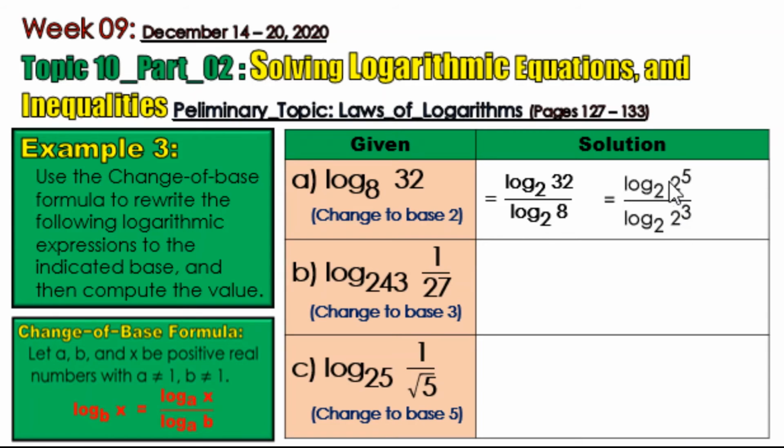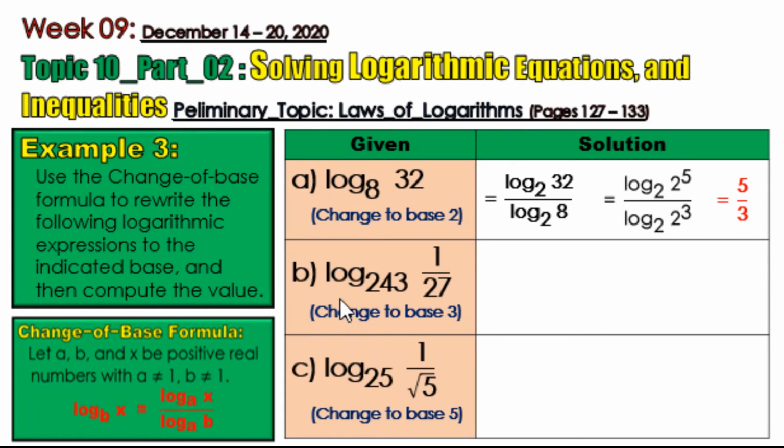So what do you think is the value of this? Again, we will be using one of the basic properties of logarithms. We have the same base, 2, and therefore the answer for this is the exponent of the argument. So we have the exponent 5 and we have the exponent 3. So therefore for letter A, the value is 5/3.